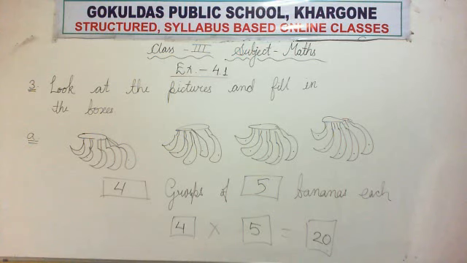So 4 groups of 5 bananas each means 4 into 5 is equal to 20. So there are 20 bananas in all.